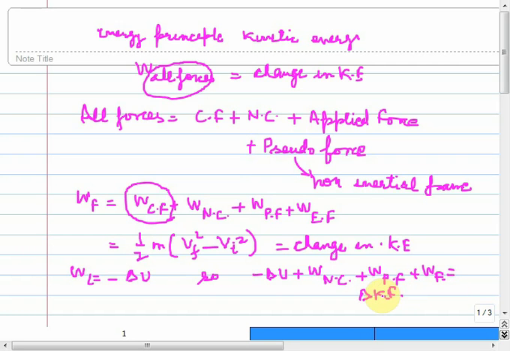Now we take a situation in which only conservative forces are acting on the body.